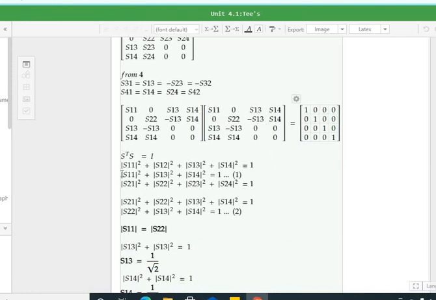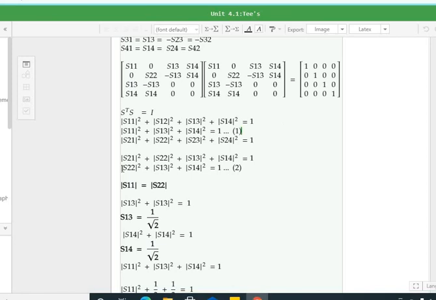The first equation gives us S11 square plus S13 square plus S14 square equal to 1. The second equation gives us S22 square plus S13 square plus S14 square equal to 1. Comparing equation 1 and equation 2, we note that the absolute value of S11 is equal to the absolute value of S22.